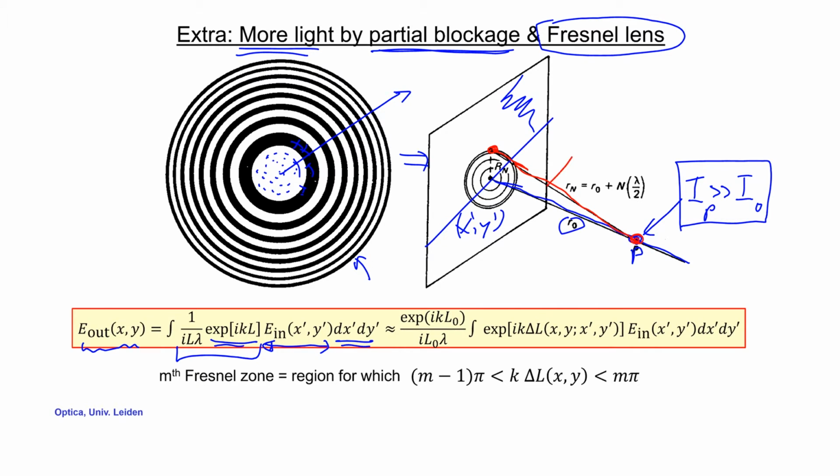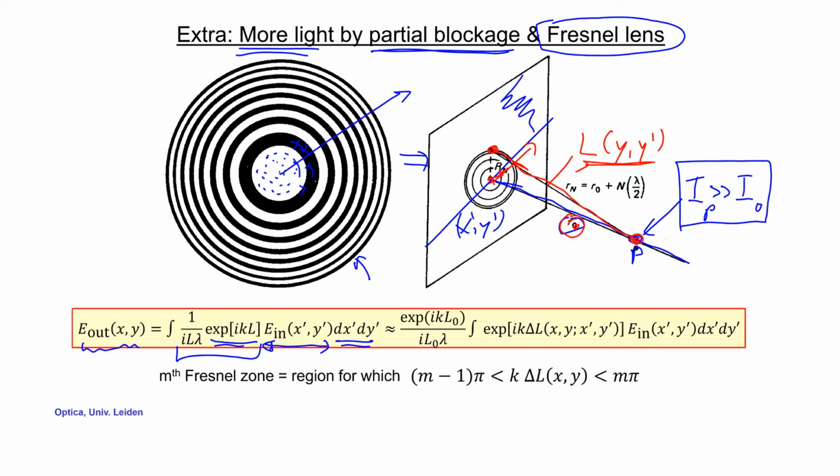And this length increases, of course, if you're further off axis. So you start with a certain reference length, r0, but then at a certain distance off axis, this length is lambda over 2 bigger, right? So contributions from that part are then 180 degrees out of phase with contributions from the center.